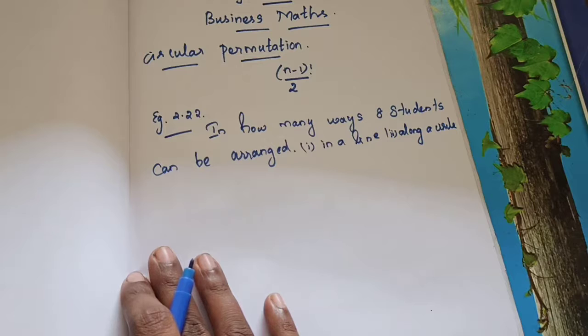So the number of permutations of 8 students along a line. Along a line means we are just going to use nPr. Along a circle means we are going to use our formula.